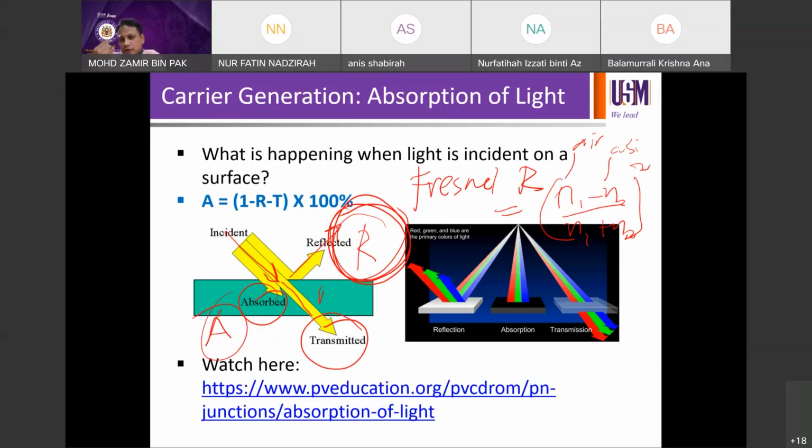Plug in the values there and what do you get for reflection? 1 minus 3.9 over 1 plus 3.9, squared. What do you get? I'll give you 5 to 10 seconds to plug in those numbers. Anyone got anything? Can you share in the chat box?